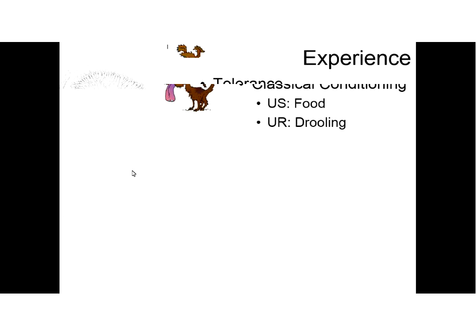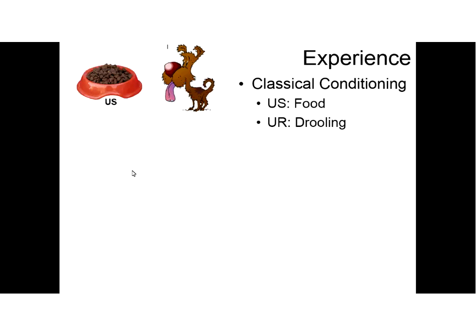With classical conditioning, you remember you have an unconditioned stimulus, which would be food. That means under all conditions, if you give a dog food, it's going to drool. That's very consistent. It's a reflex.